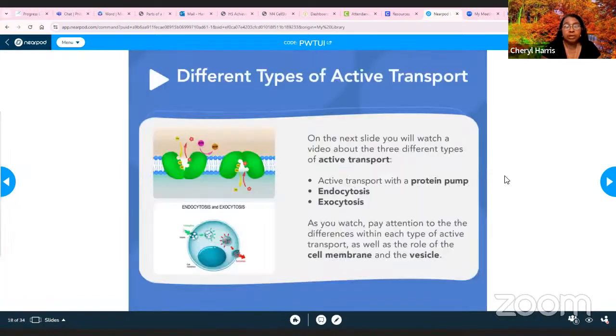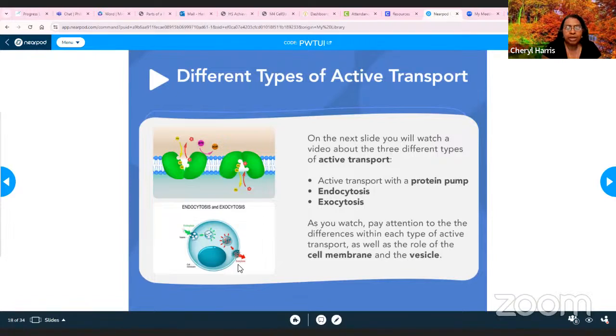All right, so what you need to remember is that we have two types of active transport. One is active transport with a protein pump, meaning that you need some little energy molecules to actually make those doors open and close.